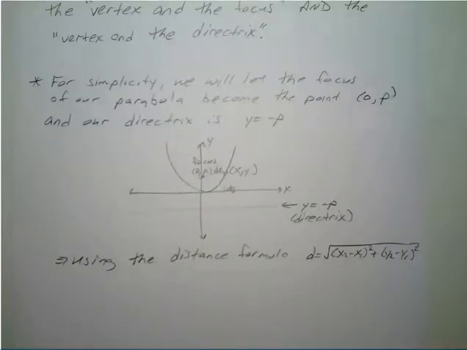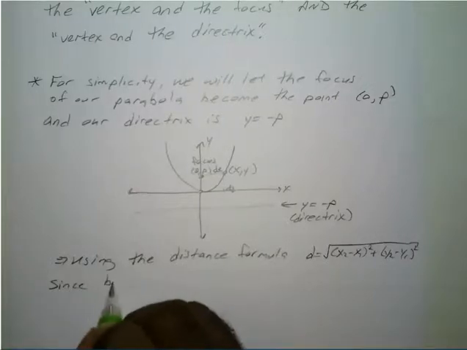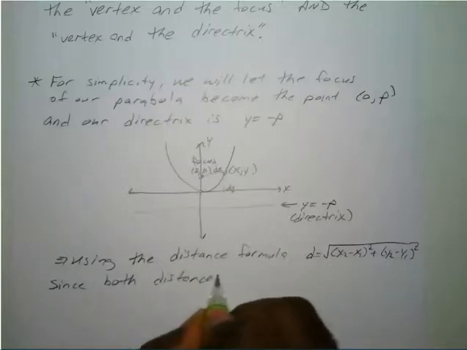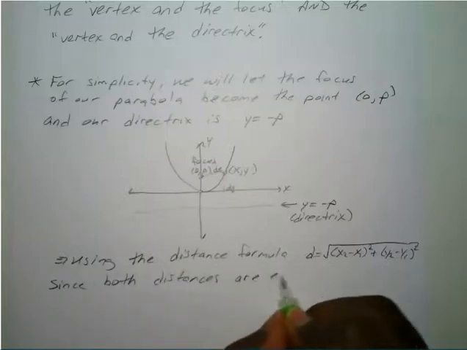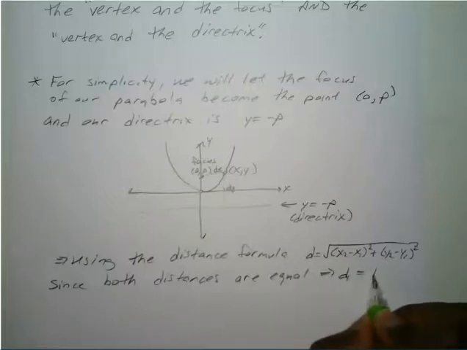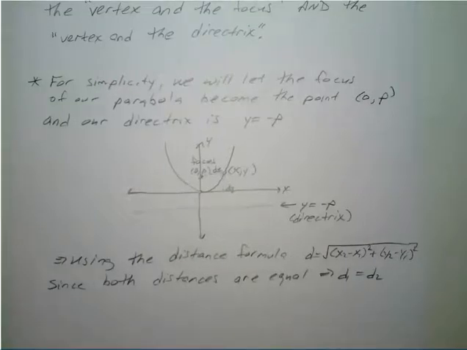Both distances are equal, which means d1 equals d2.